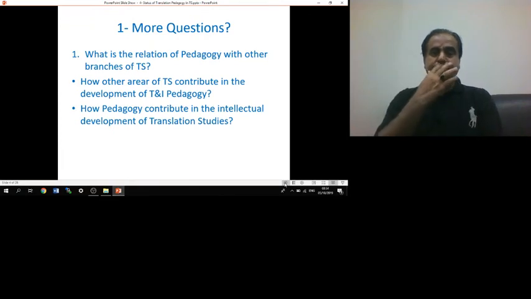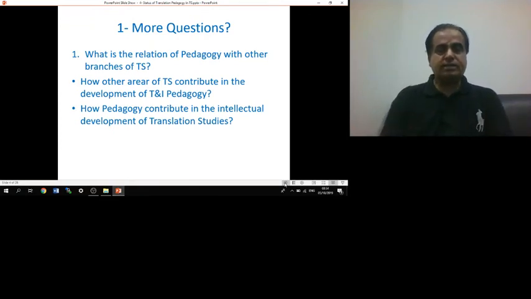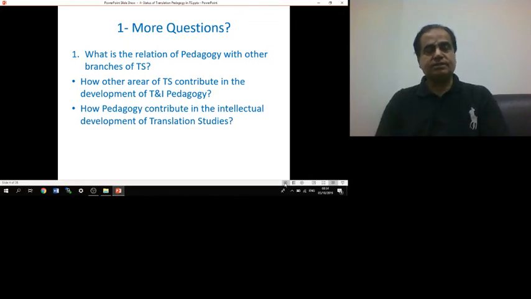What is the relation of pedagogy with other branches of translation studies? How do other areas of translation studies contribute to the development of translation and interpretation pedagogy? How does pedagogy contribute to the intellectual development of translation studies?